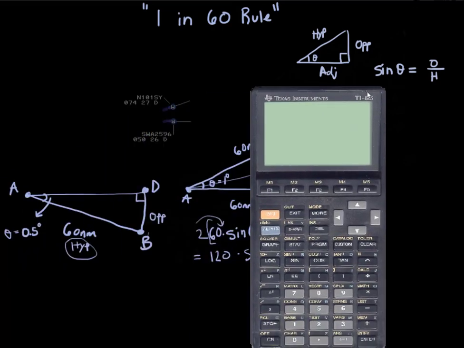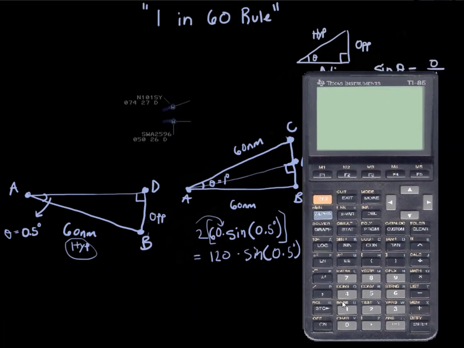Let's bring the calculator onto the screen here. Turn it on. Let's make sure that we're using degrees and not radians. We are, so we're good there. Okay, so now we're just going to put this in the calculator.